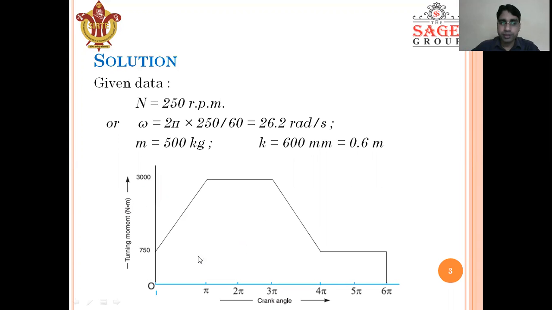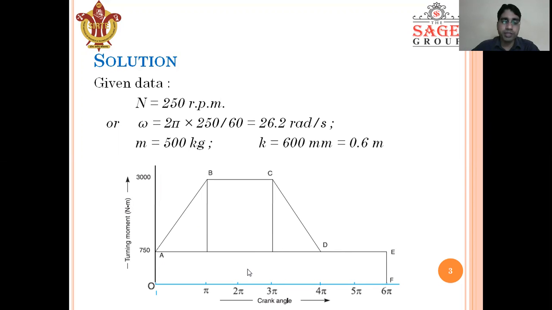First of all, we know the different points on the turning moment diagram: A, B, C, D, E, F. Now I divide it into two areas, 1 and 2. The second area is also divided into a triangle, rectangle, and triangle.